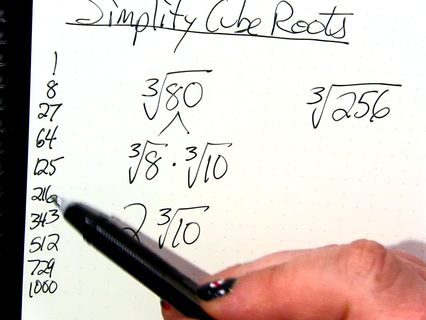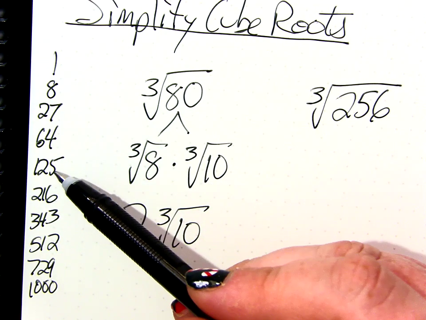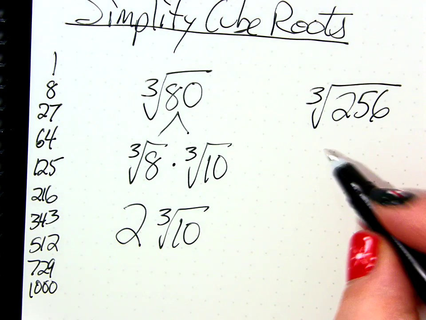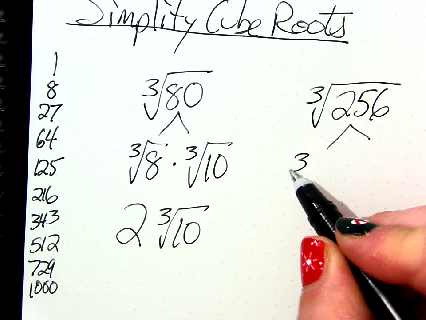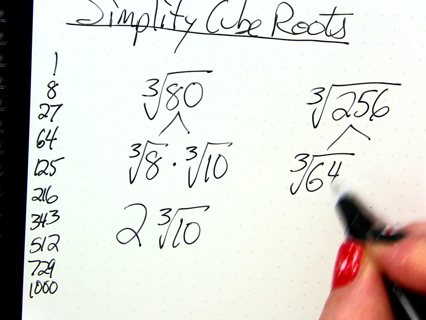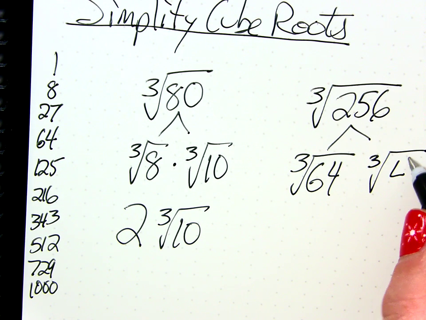Obviously, these numbers are too big. 125 can't go in because that would have to end in a 5. Maybe 64. So let's see. 256 divided by 64. Well, what do you know? Goes in 4 times. So I would split this one up into the cube root of 64 times the cube root of 4.